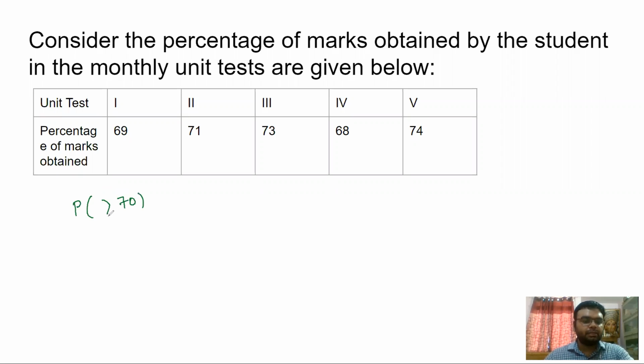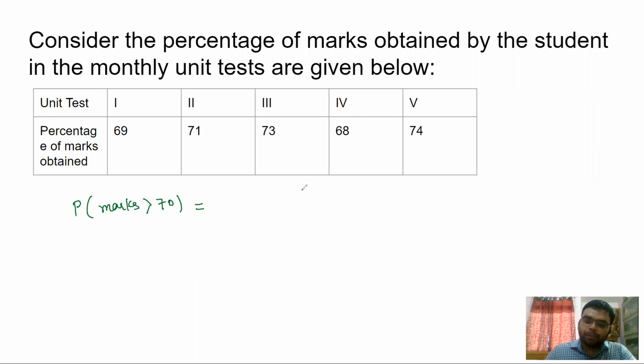So our aim is to measure the chance of getting marks greater than 70. You can understand that the experiment is performed 5 times, the test has been conducted 5 times, and from those results we try to measure the marks greater than 70.